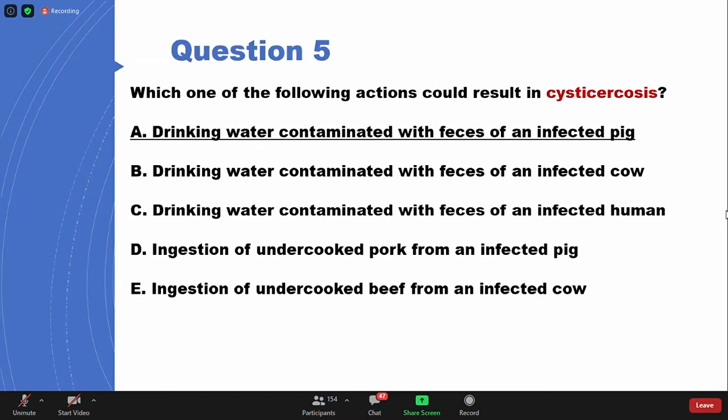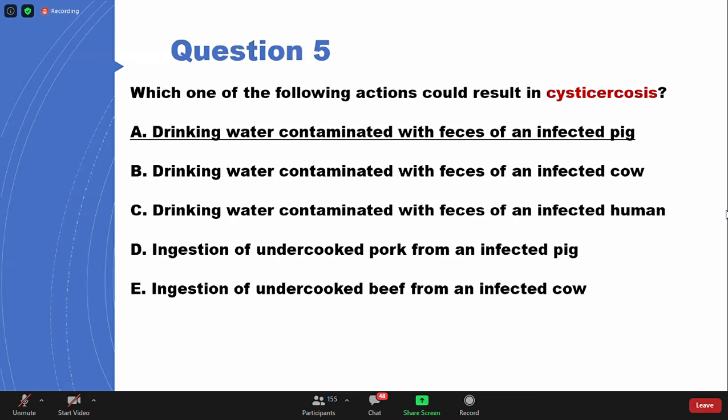Bushra is still there. So the doctor explained, but why is it not D? D will cause GI infection. D will not lead to ingestion of eggs. When you have undercooked pork, you have the immature larva in the flesh of the pig.